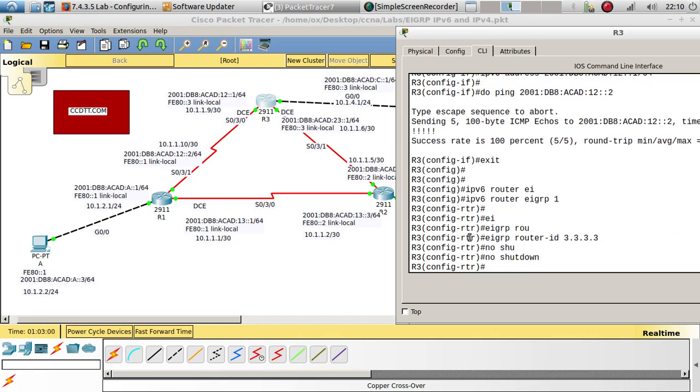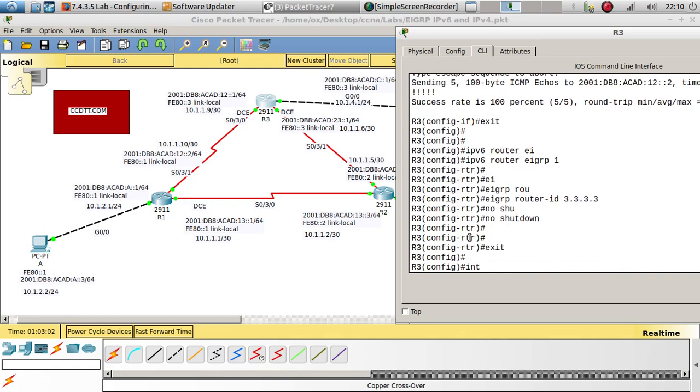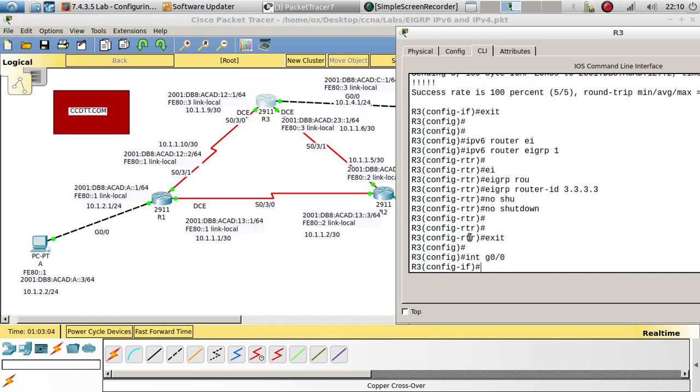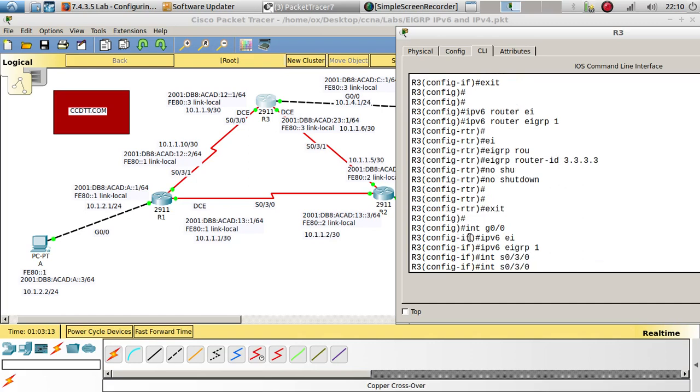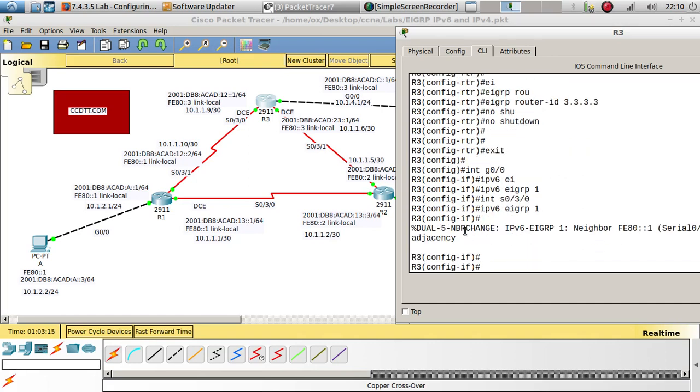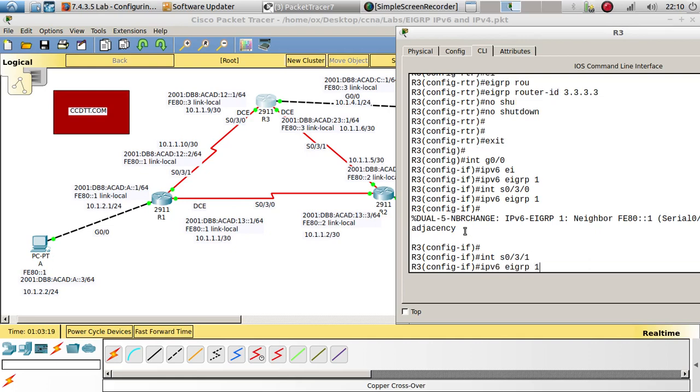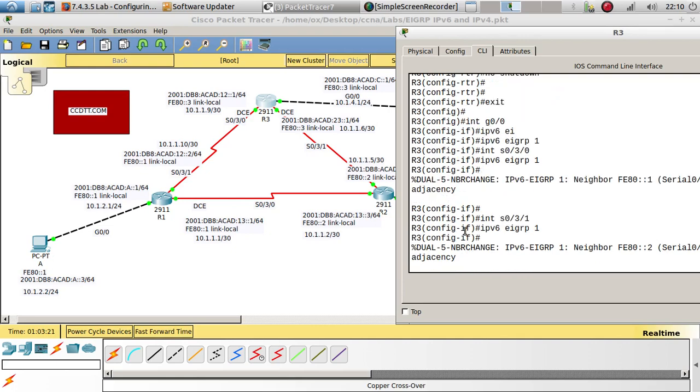Let's do another shutdown. Let's exit, go to interface gigabit 0/0, IPv6 EIGRP 1. Let's go to the other 0 interfaces, do the same. Now we see that we have a neighbor relationship. Let's go to the other one, and we should have a neighbor relationship also after I configure this one, and there it is.